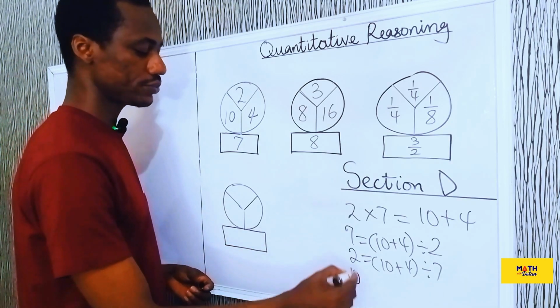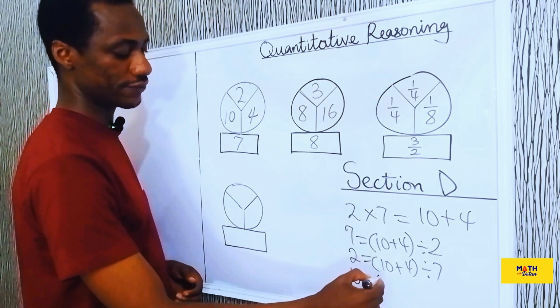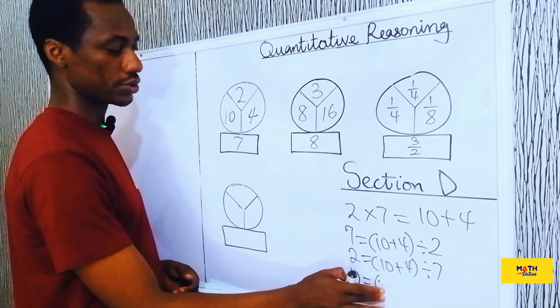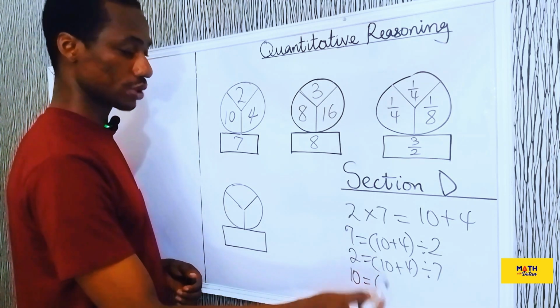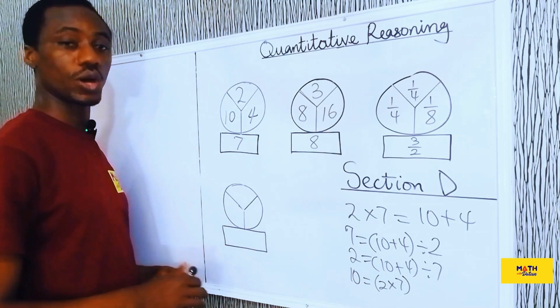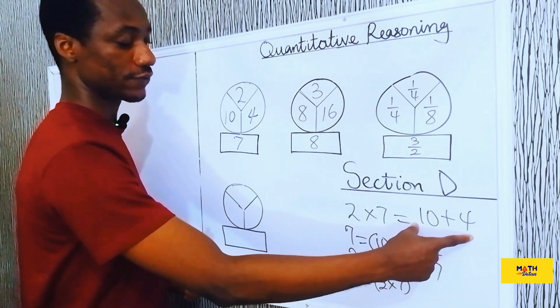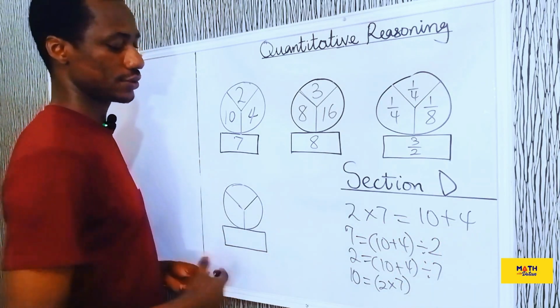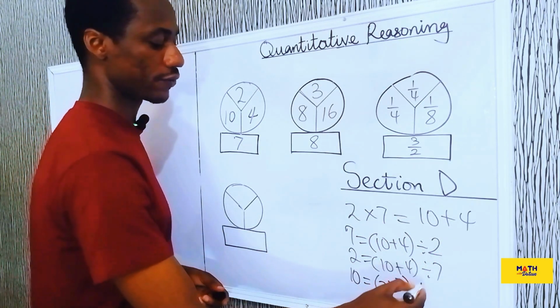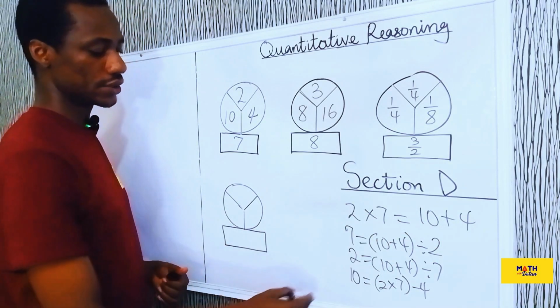We have 10 missing. That means we have the multiplication complete. We do that first, but here we have to be careful. 2 times 7, which is 14. So how do we get 10? Since we know that this is 14, we subtract 4 from 14 and it will leave us with 10.